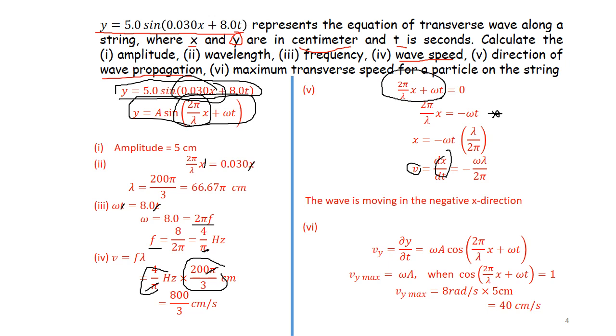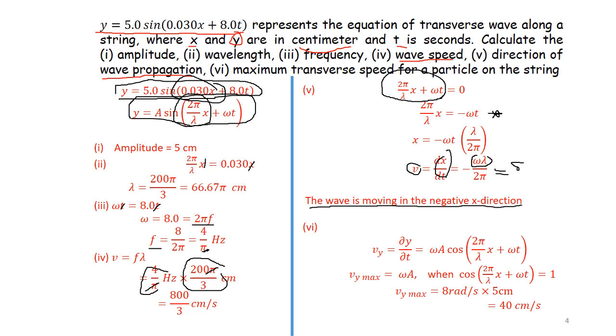So this minus sign shows that the wave is moving in the negative x direction. And if you substitute the values you have obtained earlier for omega and for lambda, then you discover that we also obtain the same expression that we obtained, which is 800 over 3 centimeter per second. Okay, so you can try that and see.